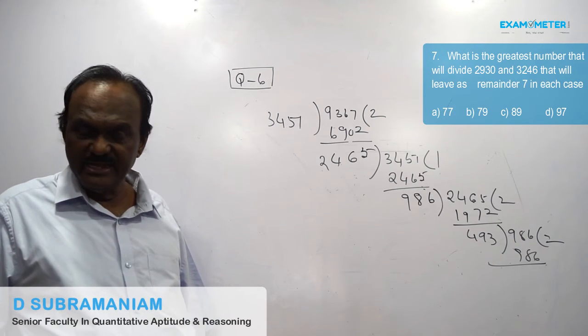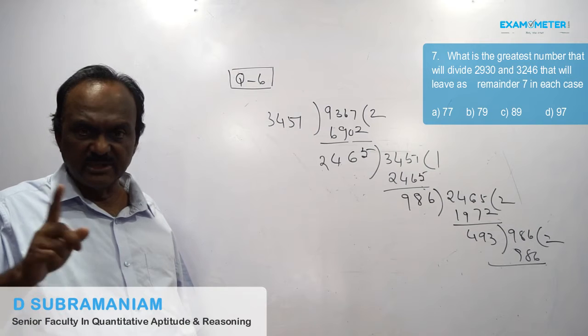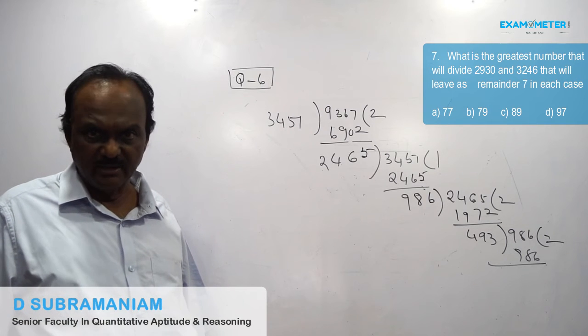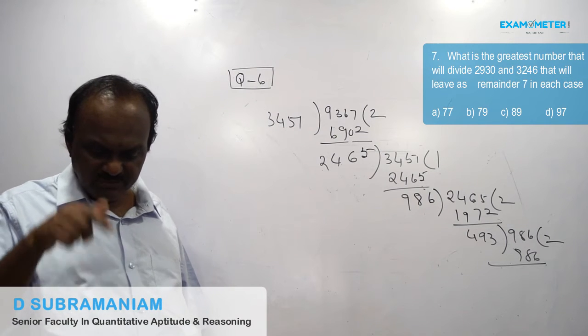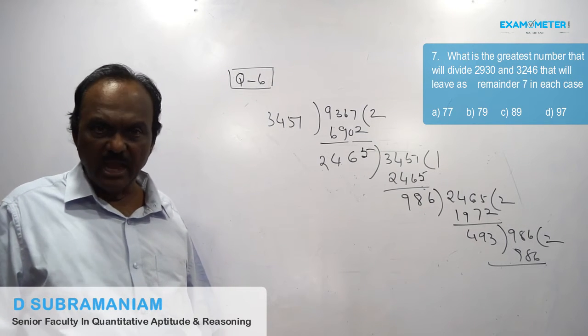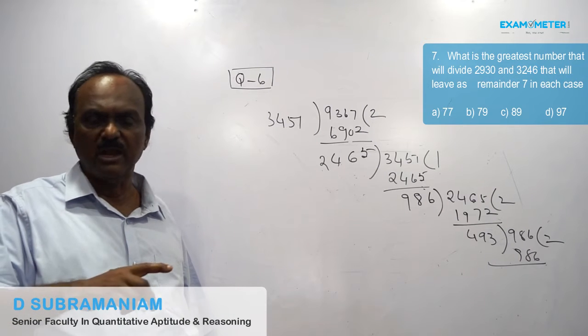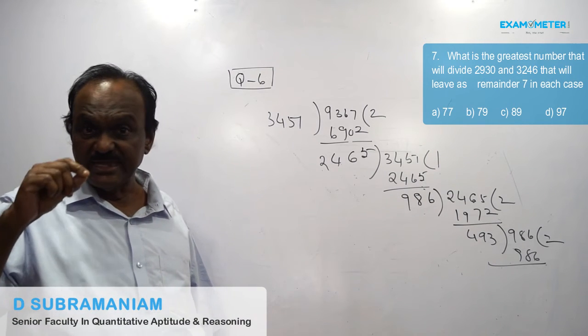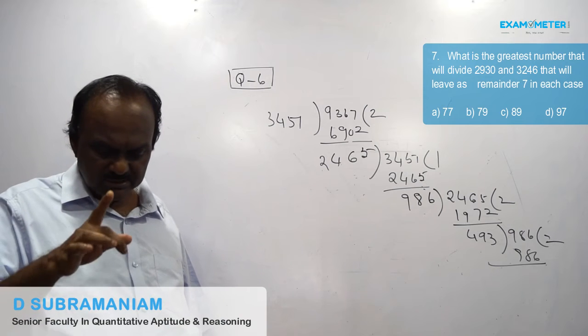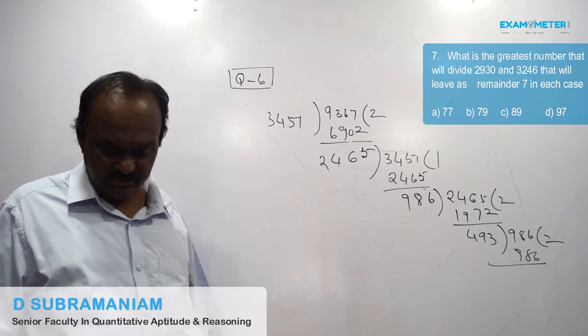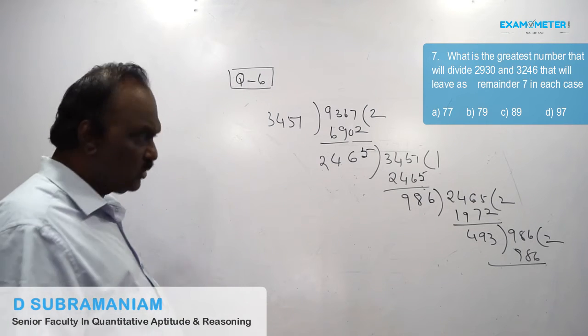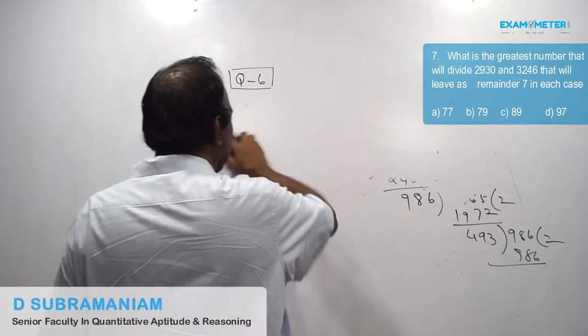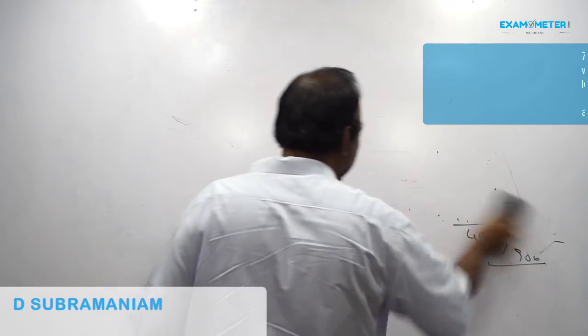He says each case. So subtract 7 from 2930. Also subtract 7 from 3246 and then find out the highest common factor.